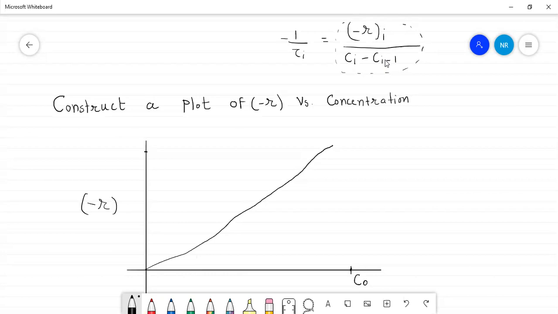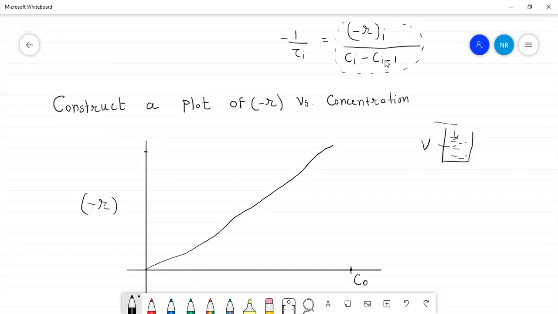So we can mark the point of rate of reaction for the concentration. But before doing it, we can find the space time, because whatever reactor we have, we know the volume, and we know the amount of volumetric fluid we feed into it.